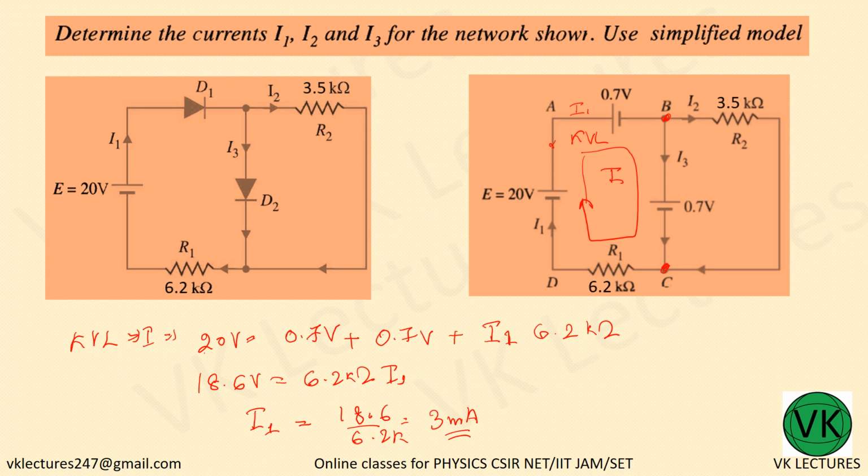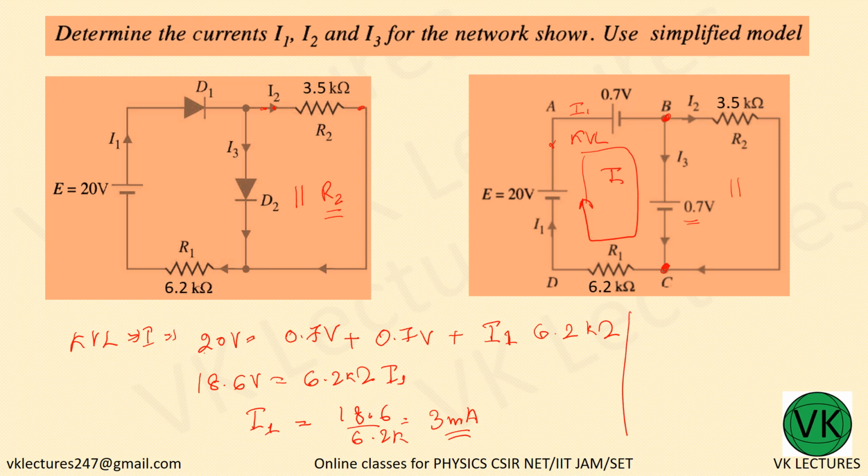This diode D2 and this resistance R2 are in parallel. That means whatever voltage is developed across this diode is the voltage developed across the resistance R2. Am I right?